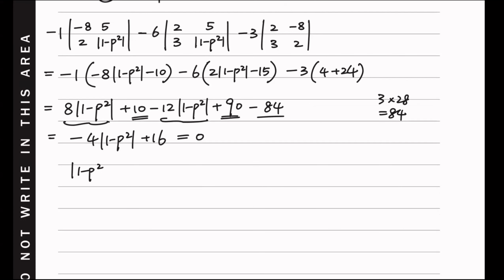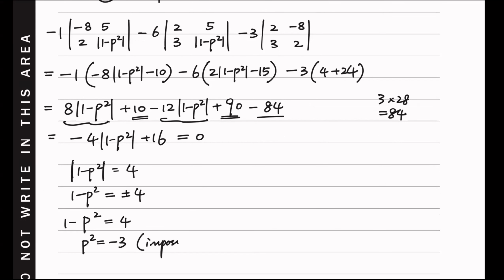So 1 minus p squared equals 4. So absolute value of 1 minus p squared is equal to 4. Without absolute value, that's plus or minus 4. So 1 minus p squared could equal 4 here, and p squared equals negative 3. This is impossible because the p value must be real. Or let's say 1 minus p squared equals minus 4.